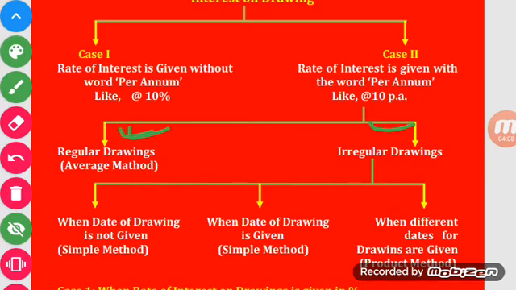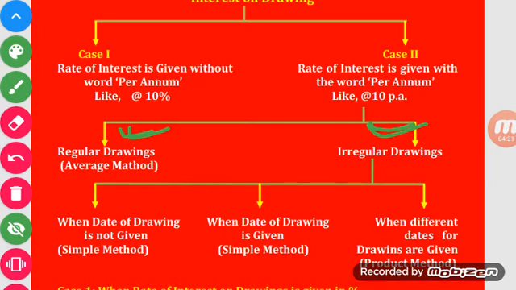And second, irregular drawings: whenever a partner requires money for personal use, he can withdraw any amount from the firm. So without any specified date, without any sequence, if a partner withdraws any amount from the firm, that will be called irregular drawings.